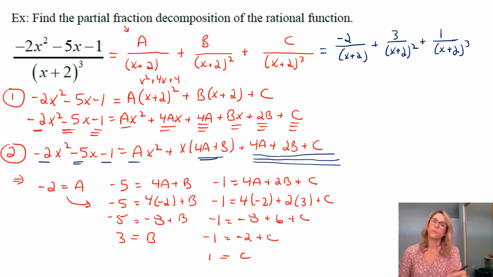The idea, of course, is if you were to add these 3 fractions together, you would get what you see over here on the left-hand side, believe it or not. But again, there are some things where having the decomposition is helpful to us. So that's what we have to learn how to do.